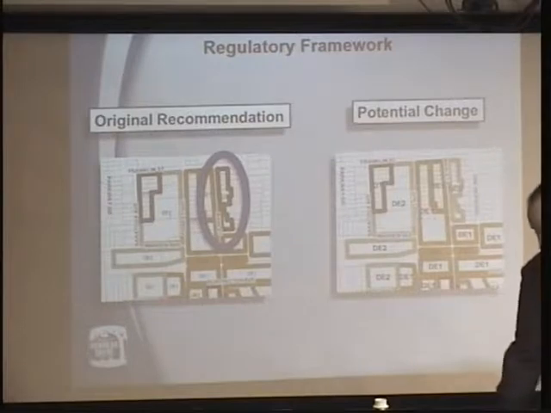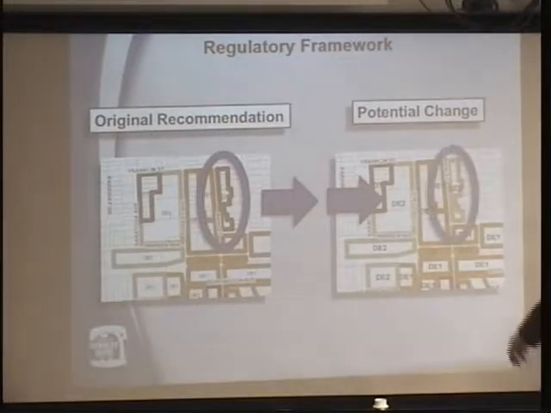So the thought would be to convert that area to a DE2 classification, which has a little bit less setback requirements, so there's more buildable area on those. It does increase the height slightly, but again, it provides a more buildable area for those property owners if they were to redevelop. So that's one area that is a potential change that we're looking for some additional council discussion and direction on.